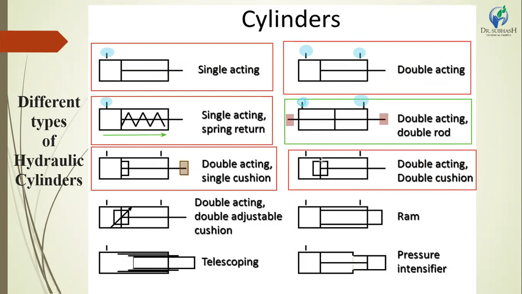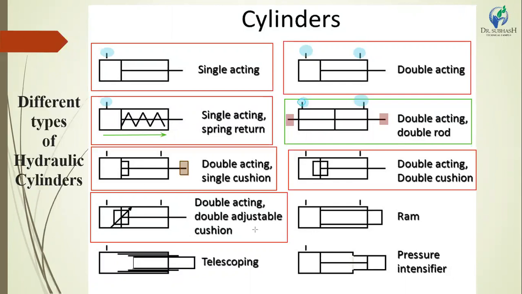Then the same cylinder is shown in the next figure as double acting double adjustable cushioning. It means that we have to vary the load condition of the piston as per the requirement of fluid flow and load condition. If you require a large load to transfer from one place to another, or to operate in a large space, then we have to adjust the piston weight so it can create a variable force.